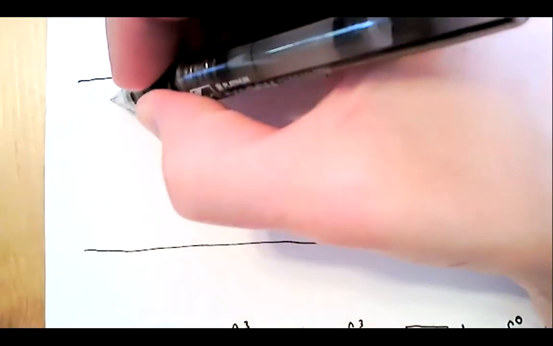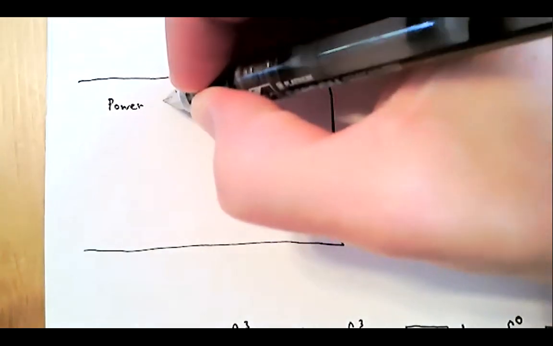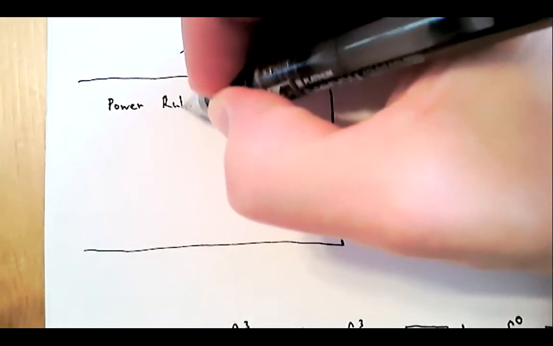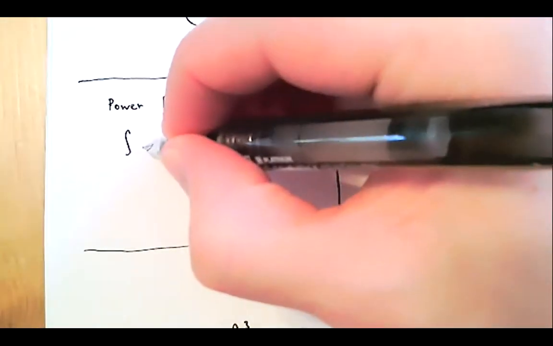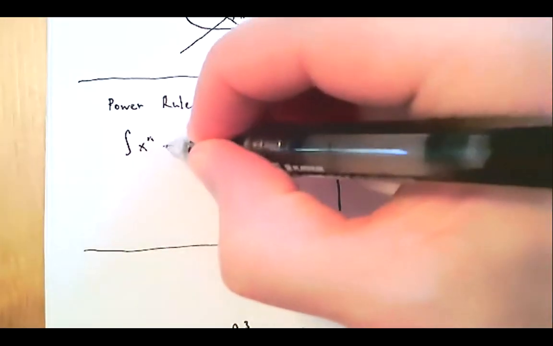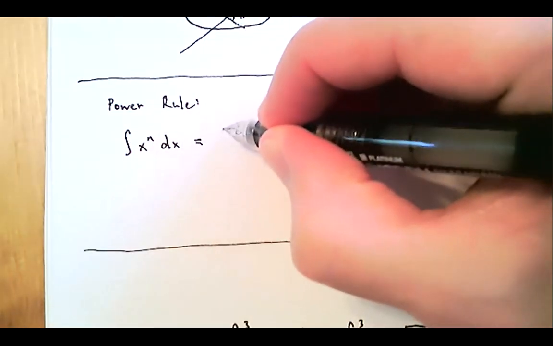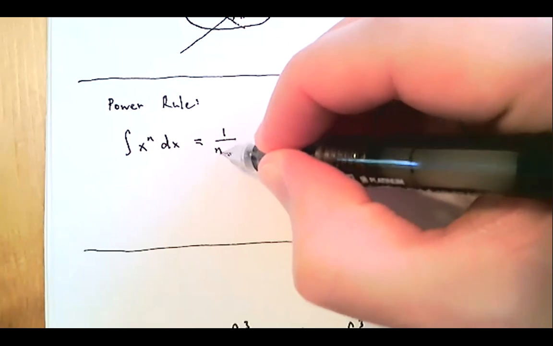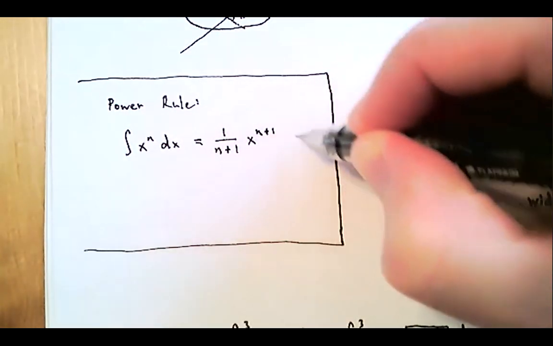So this is something that you might have seen called the power rule. If you integrate x to the n power, then you get 1 over n plus 1, x to the n plus 1 power.